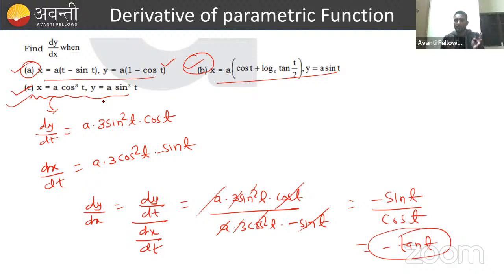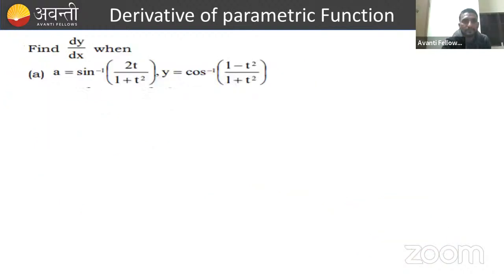It will help you in application of derivatives, and you know that application of derivatives is a very big chapter. So for that you need this differentiation concept clear. So that's why you can solve these problems also.